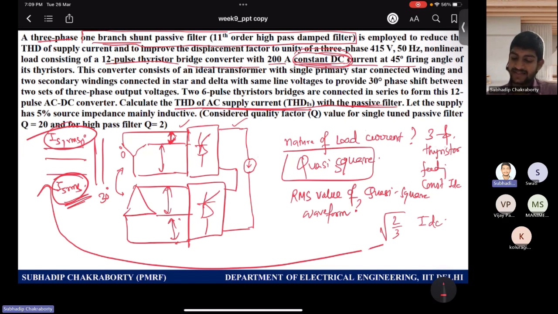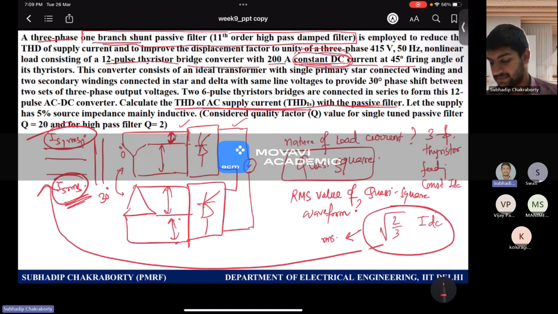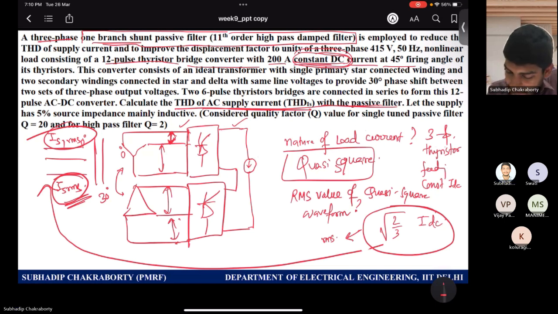This is the RMS value, not the average value or peak value. So this current RMS value you calculated.